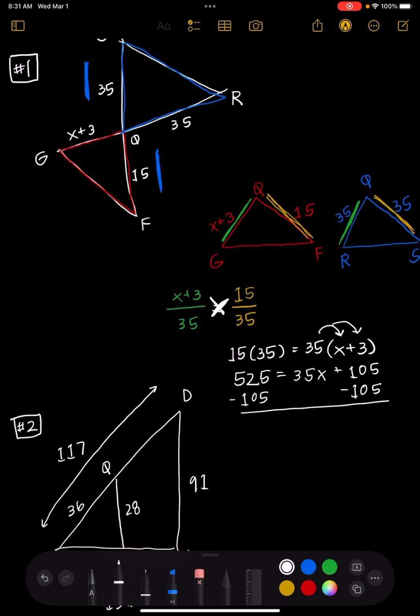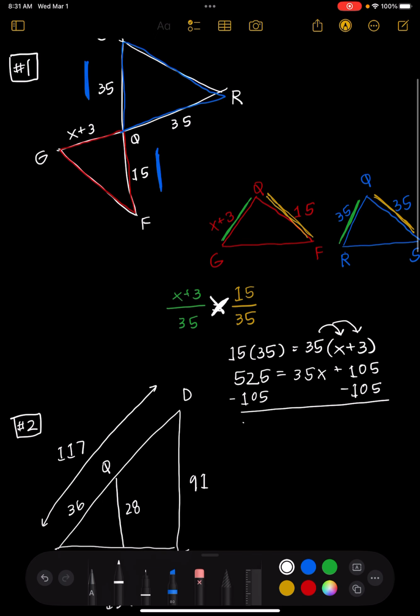And I get 420 equals 35x. I still want to get x by itself, so I'm going to divide each side by 35, and I get 420 divided by 35 is 12, which means that x is equal to 12. And there we have it.